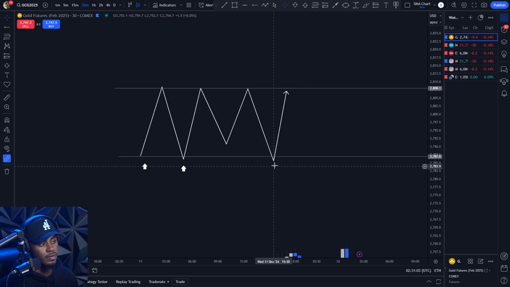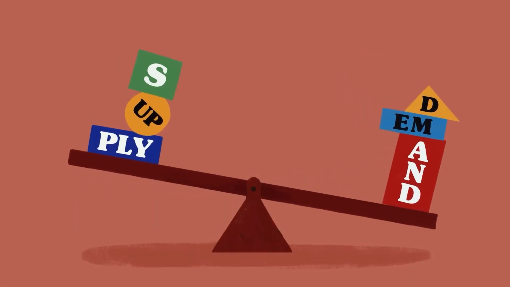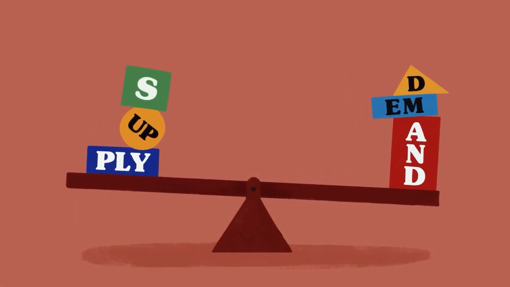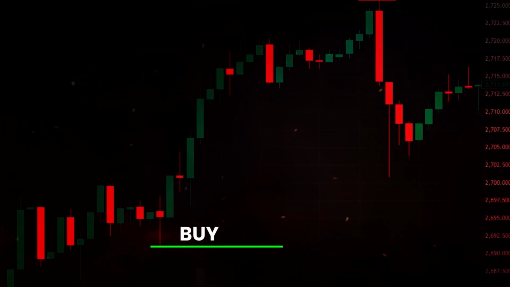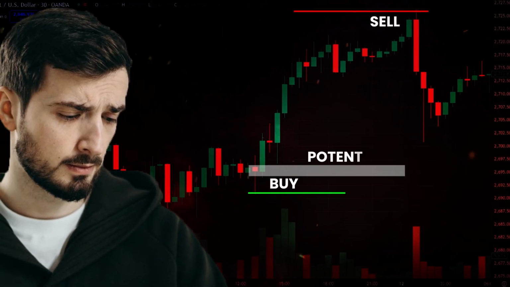And we have several touches right here. So this phase actually represents a period of equilibrium between buyers and sellers. Traders may use strategies such as buying at support and selling at resistance, or preparing for potential breakouts.